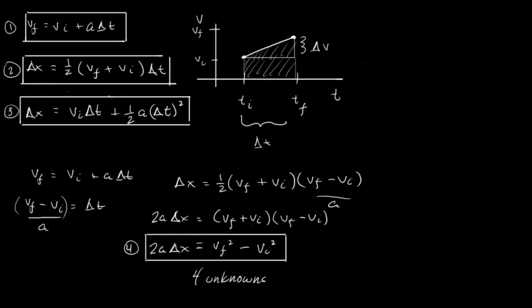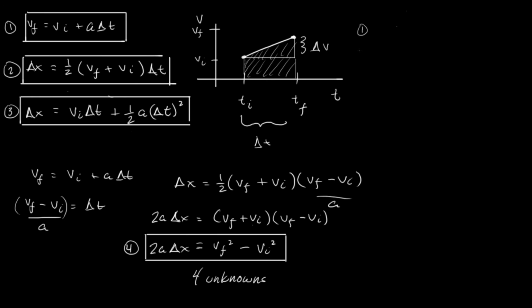Well, one thing I notice about these equations is that they all have 4 unknowns, right? And we're dealing with a total of 5 unknowns with these kinematic equations. So if we take the unknowns and put them in tabular form, meaning we create a table of these variables, we'll get something interesting.